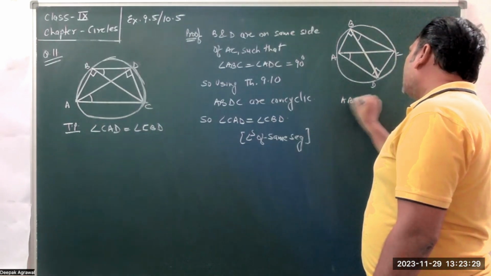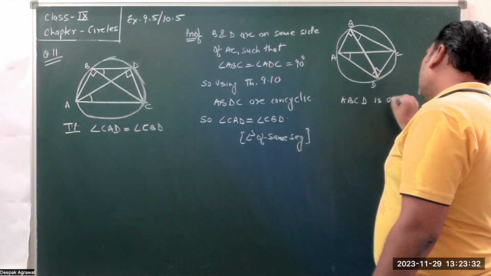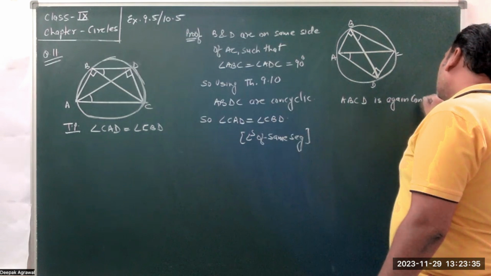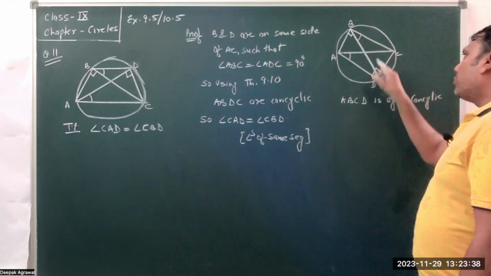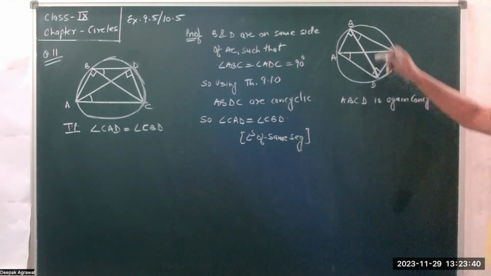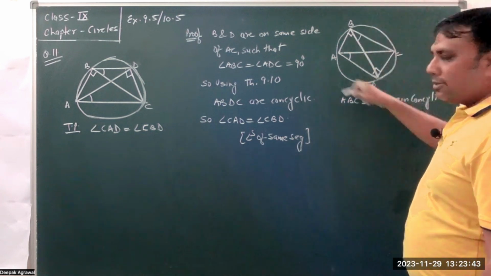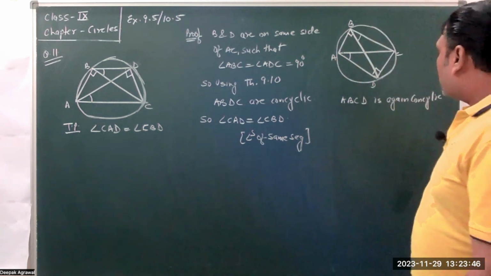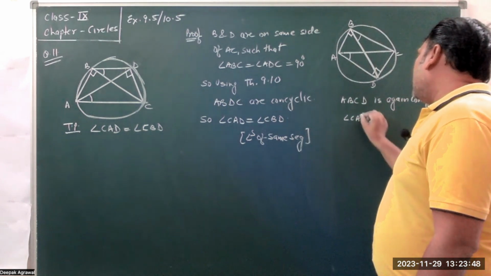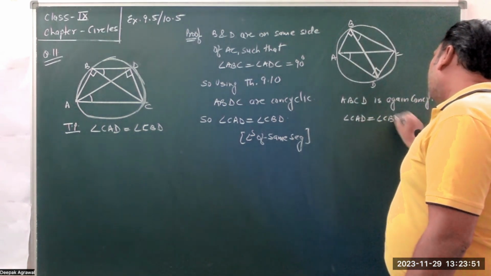So A, B, C, D is again concyclic. Reason? The sum of the opposite angles of a cyclic quadrilateral is 180. And since this sum of the opposite angles is 180, it has to be a cyclic quadrilateral. So again, angle CAD is equal to angle CBD.